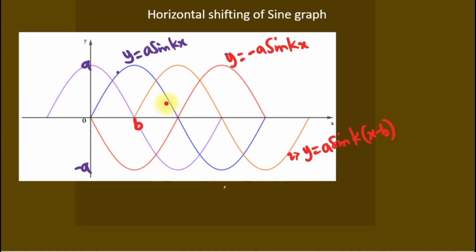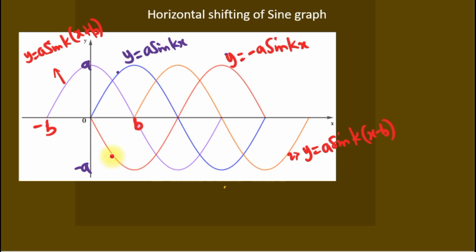Yes. But if I shift it to the left, b units, that's now minus b, so this graph will be y equals a sine k bracket x plus b.